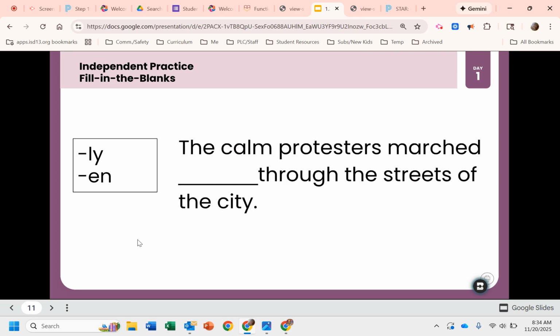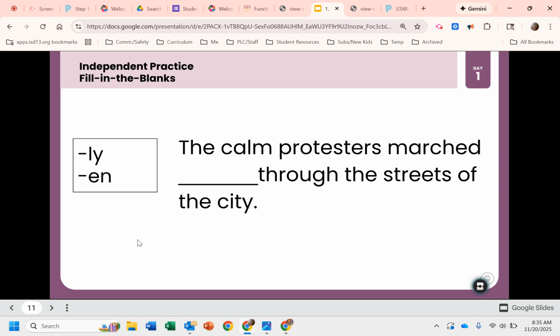The calm protesters marched blank through the streets of the city. Which of our suffixes should we be using in this word?